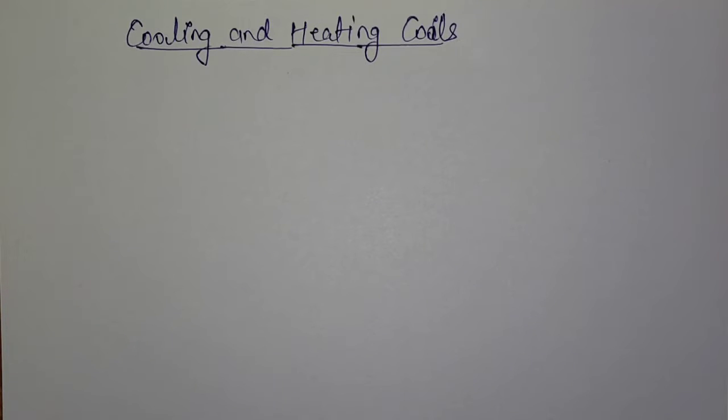In air conditioning, when the air has to be cooled down, or in winter air conditioning when the air has to be heated up, cooling coils or heating coils are used, over which the atmospheric air flows, so that the required cooling can be attained.